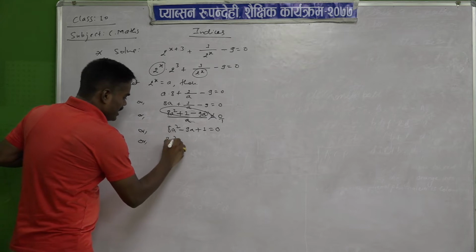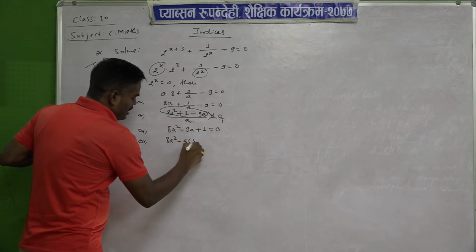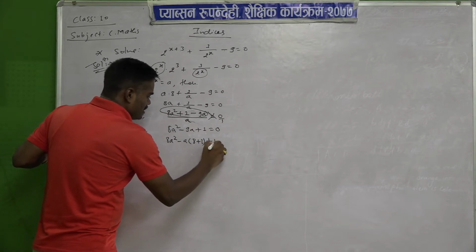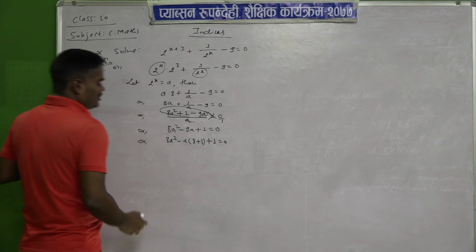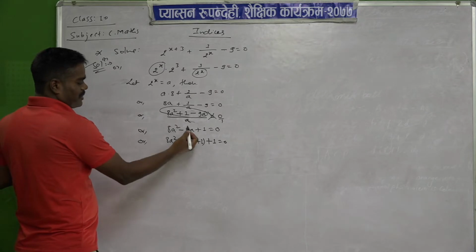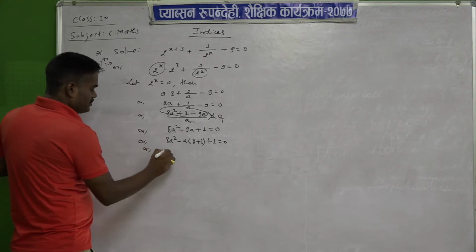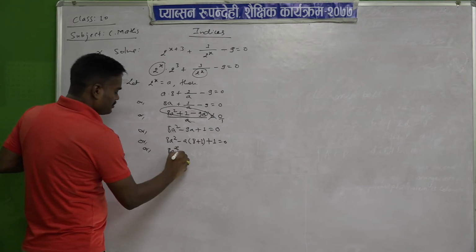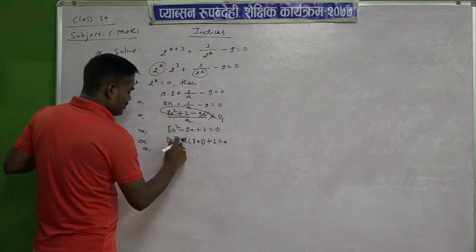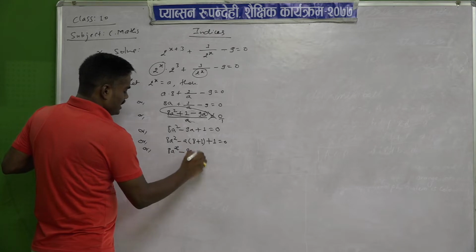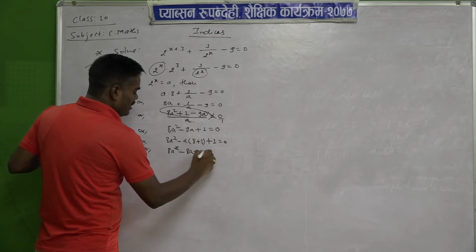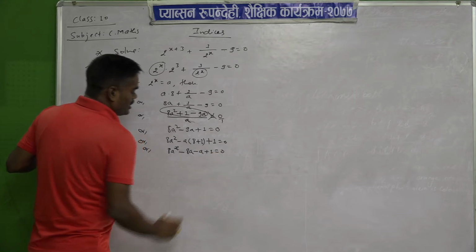So here 8a square minus a, 8 plus 1, plus 1 equal to 0. You are watching here, 8 plus 1 means 9. So 8a square minus 8a minus a plus 1 equal to 0.